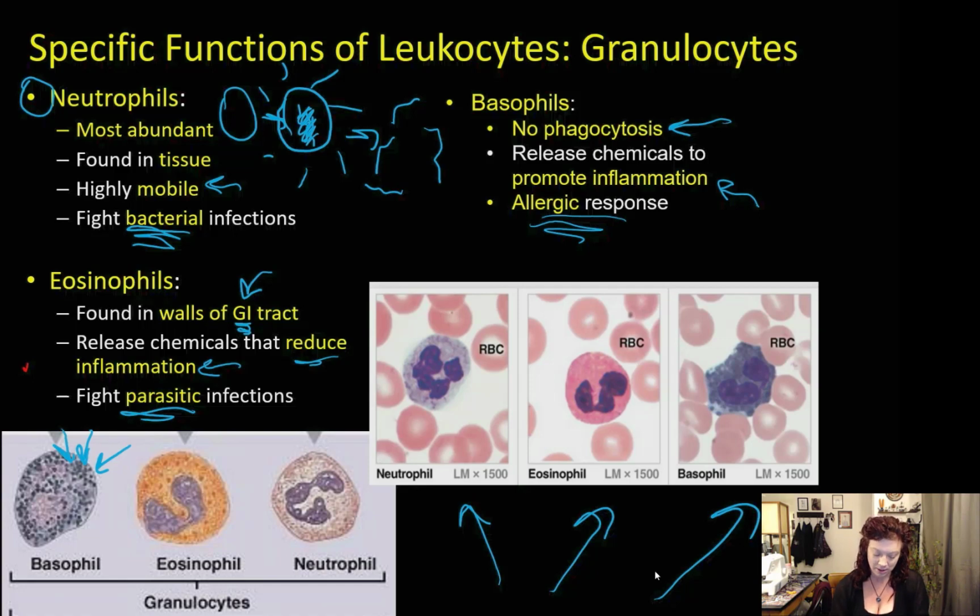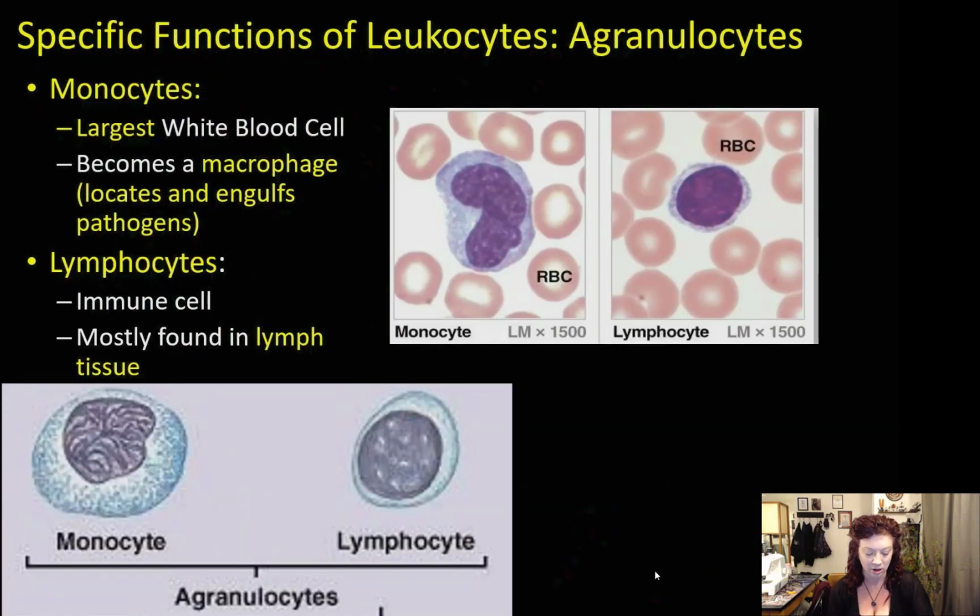All right, next up, let's talk about our agranulocytes, our agranular or without granules leukocytes. There's only 2, the monocytes and the lymphocytes. But remember, these are our phagocytic white blood cells. These guys go around and engulf invading pathogens, digest them, and destroy them.